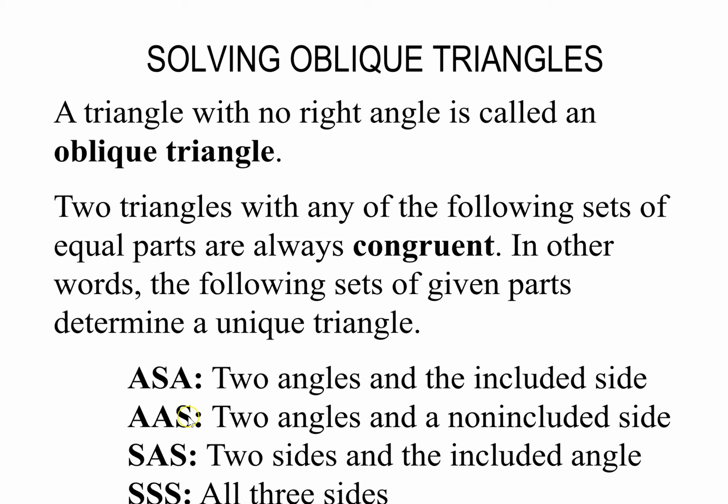These 4 show that 2 triangles are congruent. Because 2 triangles are congruent, it really only makes 1 triangle. We're going to use this concept, so that if it's this kind of property, it will allow us to derive 1 unique triangle, and with that we can find all the different sides.